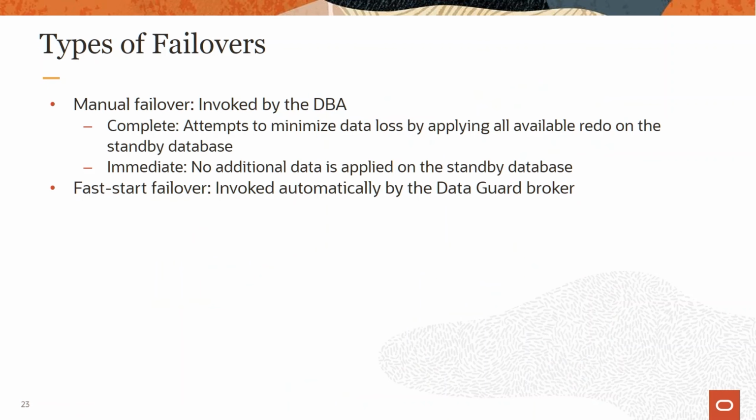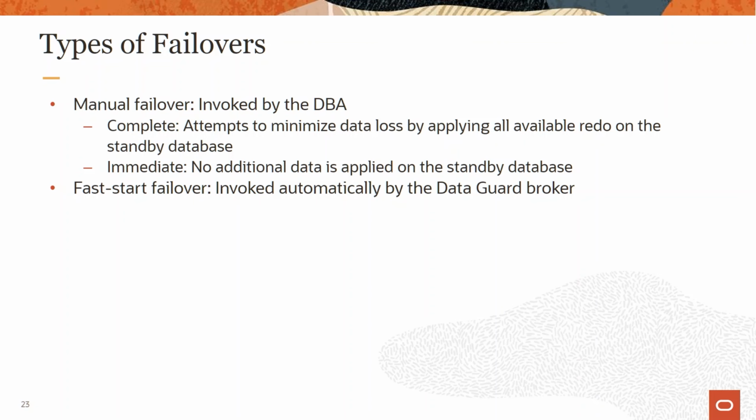Okay, so we have to make the right decision when performing a failover operation. Types of failover operations: we have complete failover and immediate failover. Complete failover means waiting until we apply all available redo on the standby database.